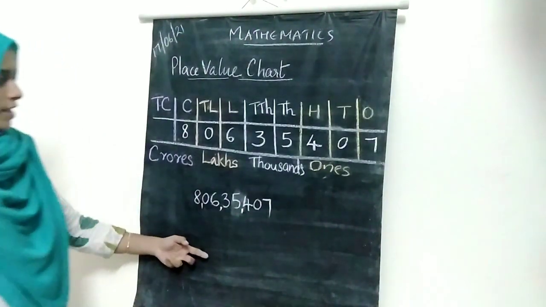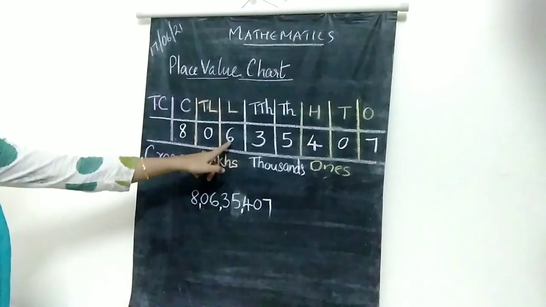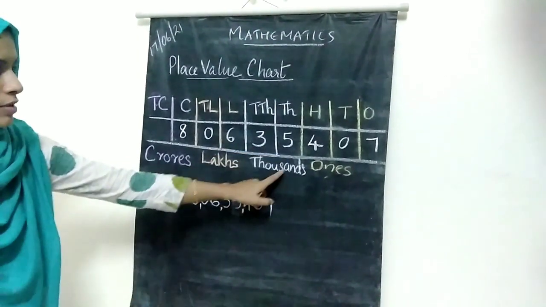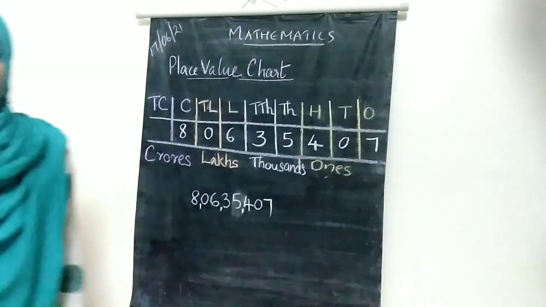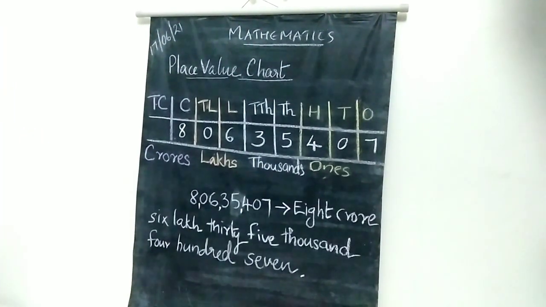Clear? So, we can write the number name as 8 crore 6 lakh 35,407. Clear children? So, write that.